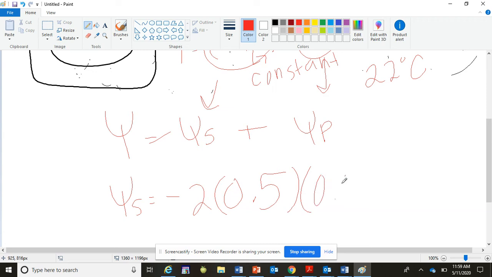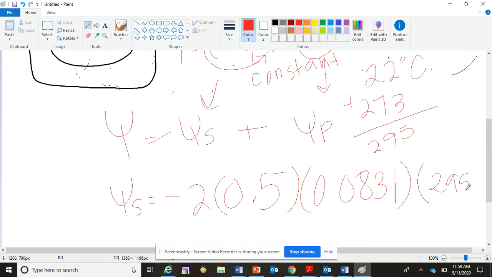R is 0.0831, and the T is going to be 22 plus 273 to make it Kelvin, so that gives me 295. So I'm going to pause this so that I can do the math.